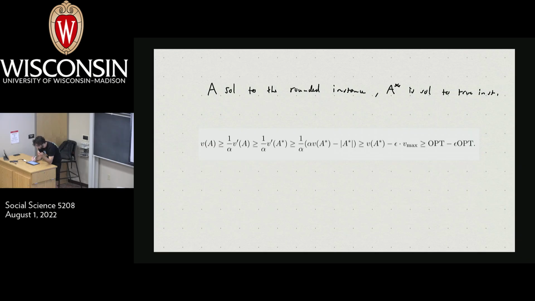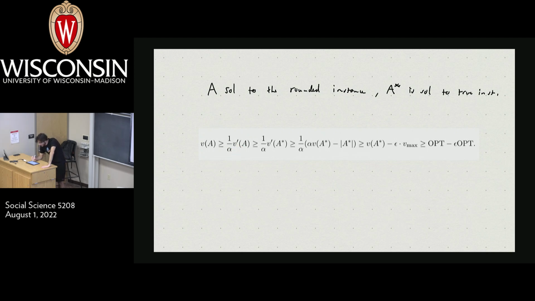Then what do we know? The value of A is at least V prime times the same A, and that's just by definition of the rounding. We get a factor of 1 over alpha times V prime. Remember, because V prime is exactly V times alpha, so we're just dividing by both sides.